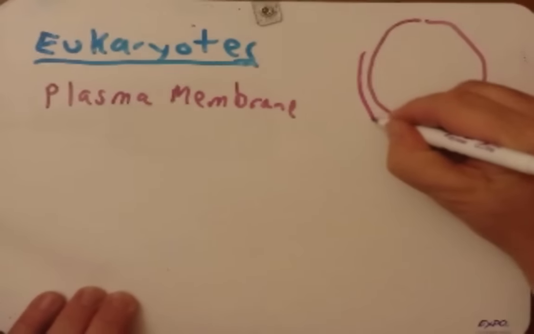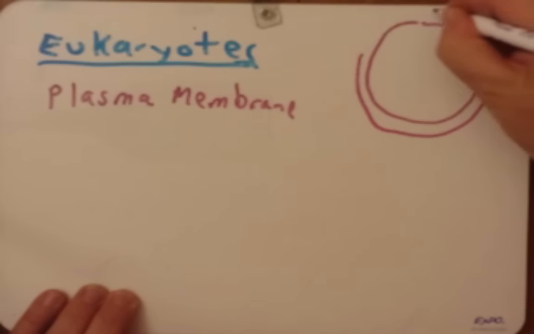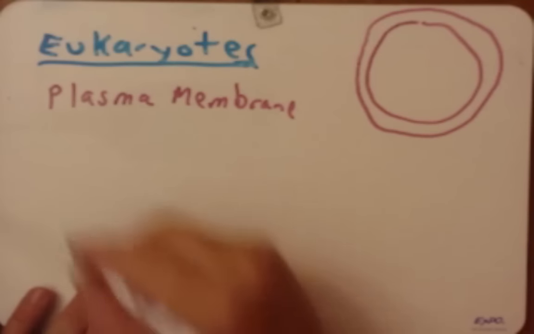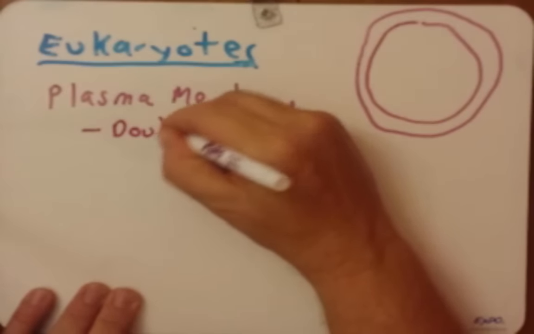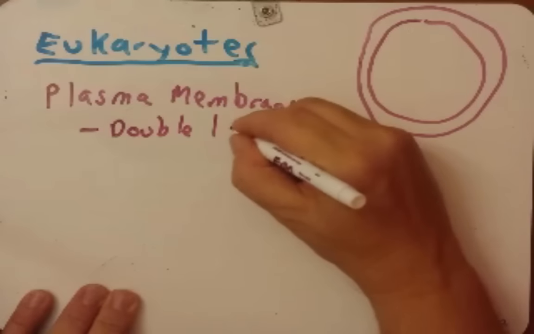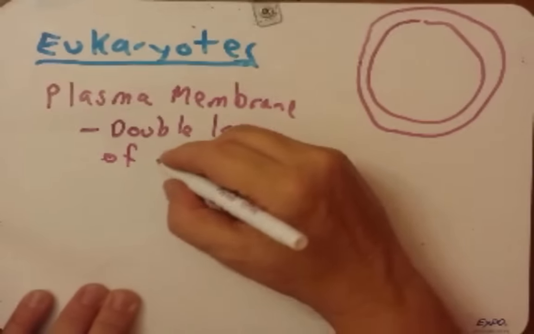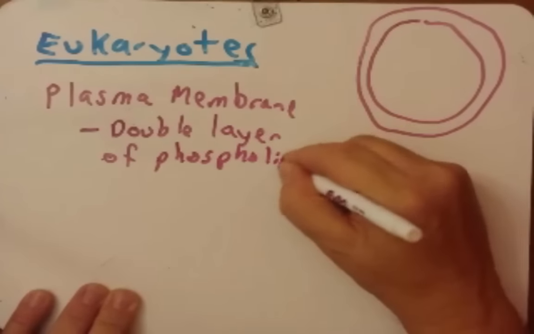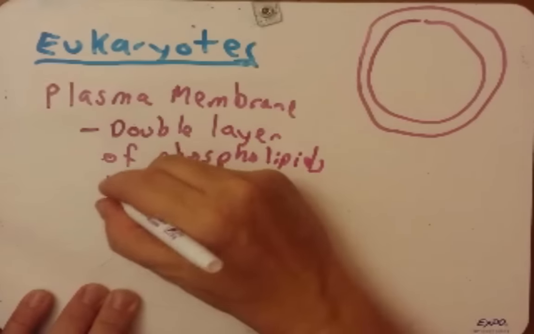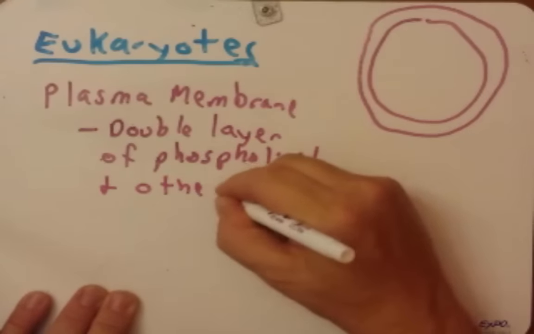If we were to draw a cell, you could draw it like this. The plasma membrane is on the outside. I'm going to draw it sort of like this. And that's because the plasma membrane is a double layer of phospholipids and other molecules.